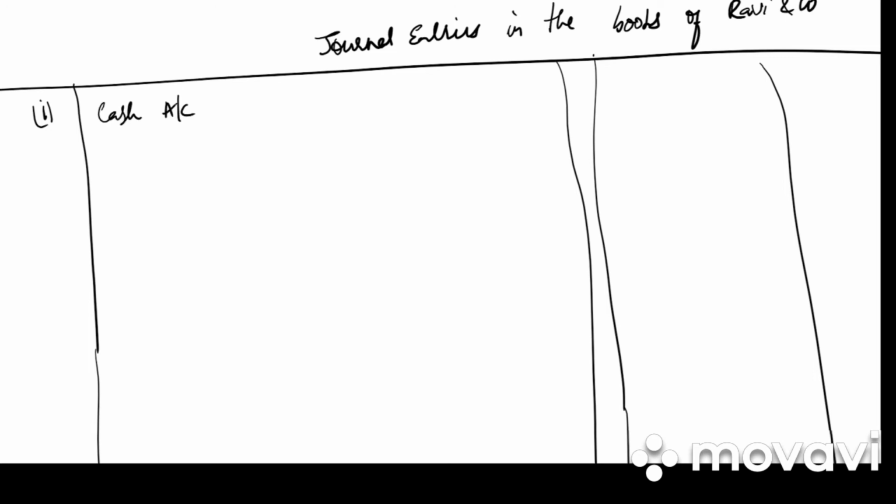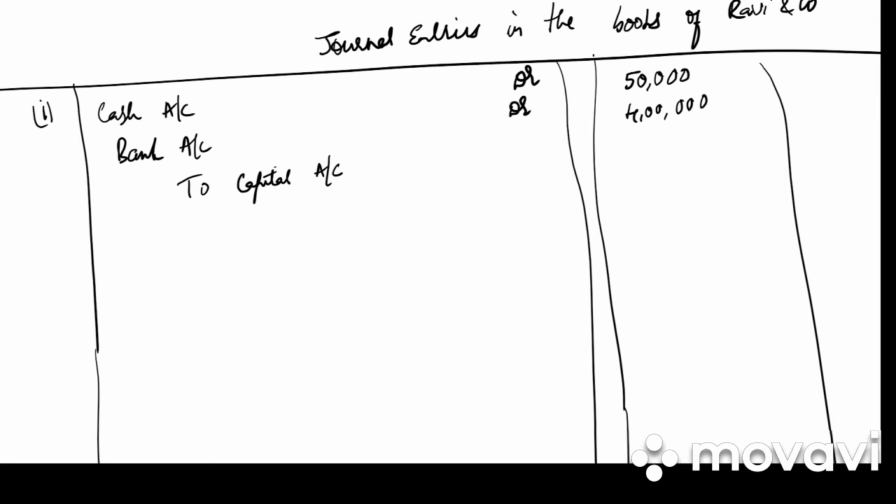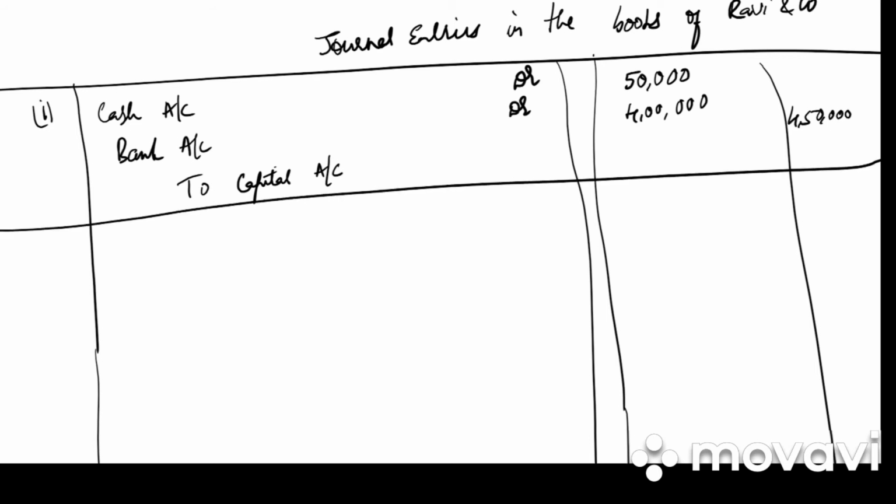So cash account debited, bank account debited to capital account. In this, GST will not be charged, because I had already explained to you that in a few cases GST is not levied. So 50,000, 4 lakh, 50,000. Write down the narration. Amount introduced in the business.